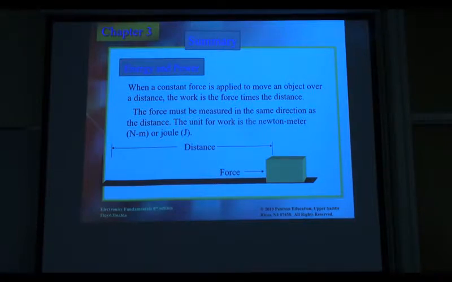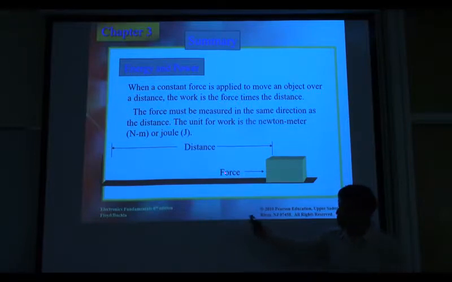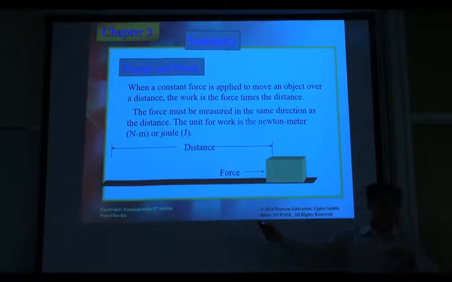So the work that needs to be done to this item is the force in Newtons multiplied by the distance from here all the way to here, in meters. So F times distance gives us the work, if you use Newtons as the unit for the force and meters for the distance. Then you get the work, F times D.